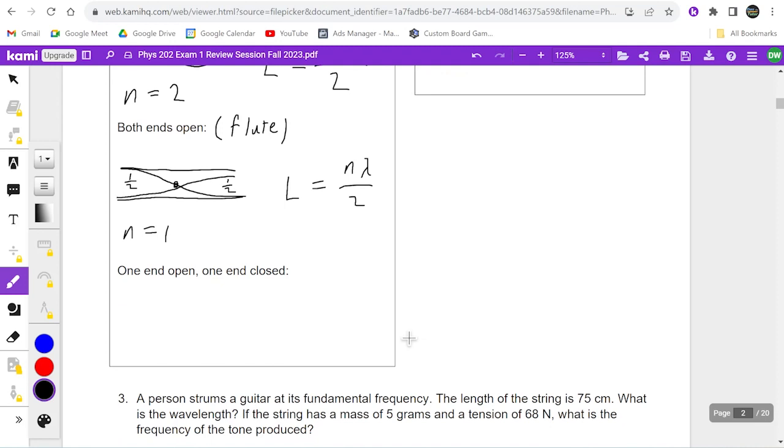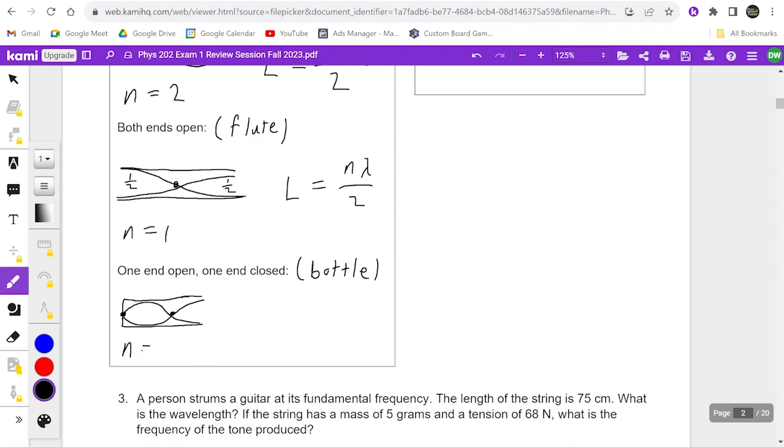So for the one end open, one end closed, the most similar example in real life is a bottle, like literally like a plastic bottle, like the one you see on my screen. Or if you're watching the recording, just imagine a beer bottle. So then what this is going to look like is first I'm going to draw one end open, one end closed. And today for you, I'm going to draw what the third harmonic looks like, which looks like this.